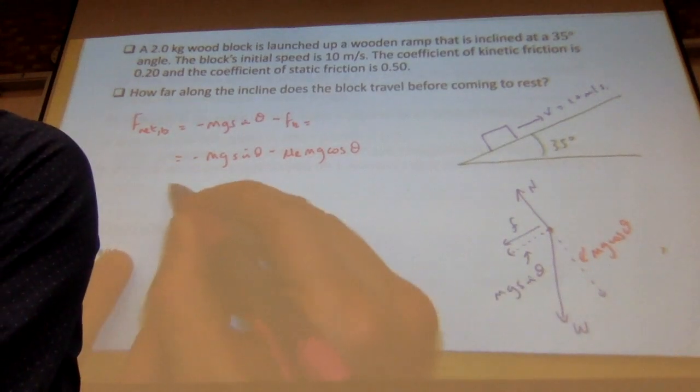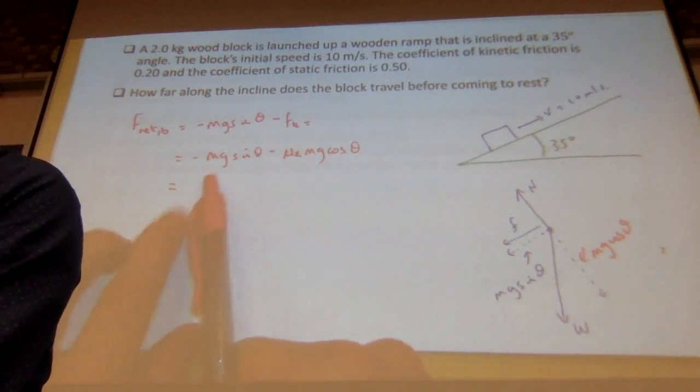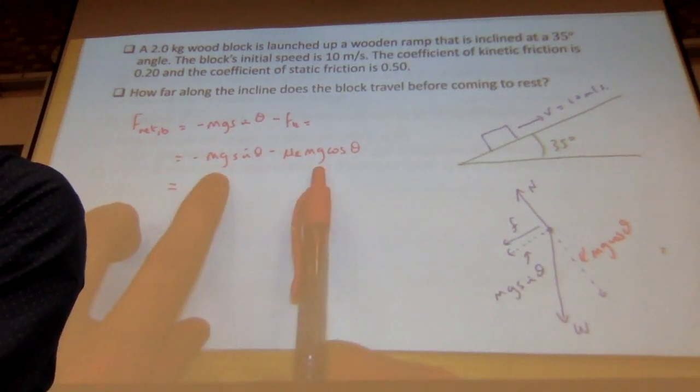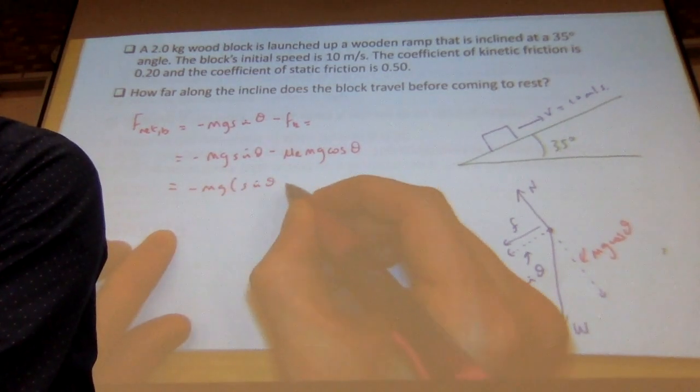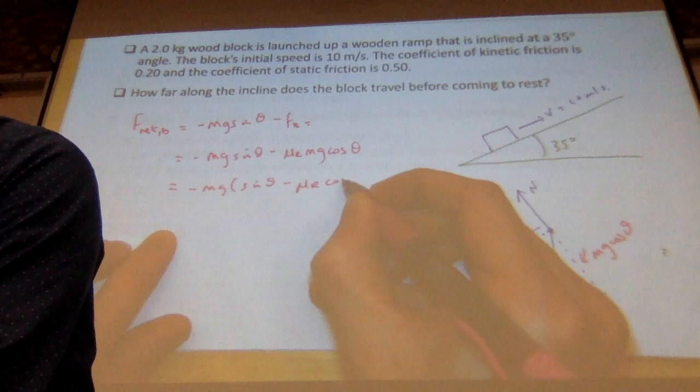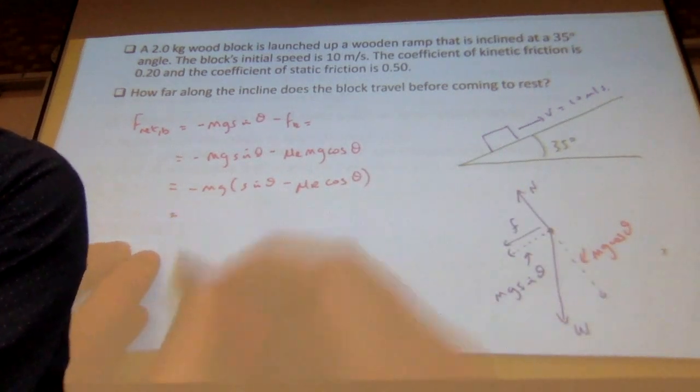If you want, I'll give you a second to do your calculations here. You could take the mg part out, negative mg times sine of theta minus mu k cos of theta. Go ahead and plug that into your calculators if you'd like.